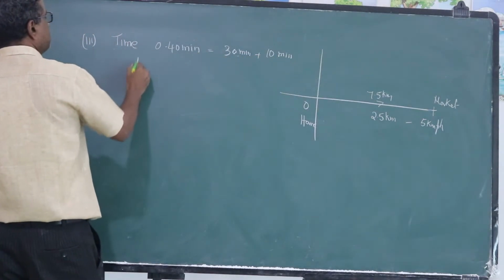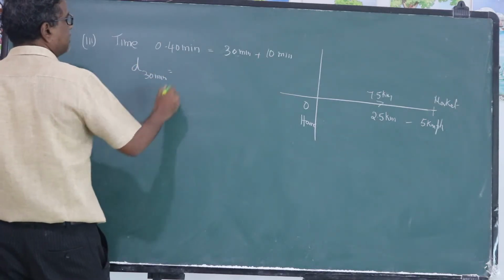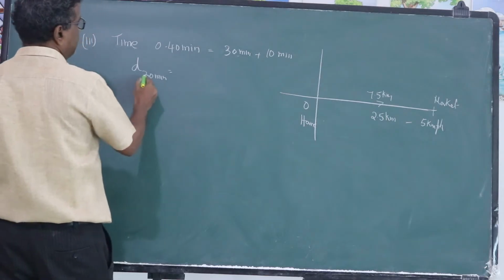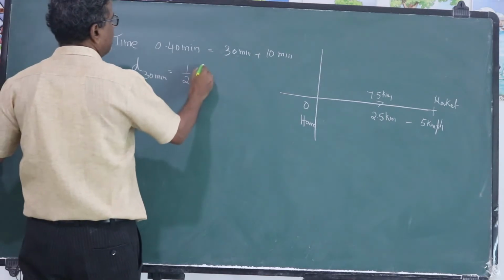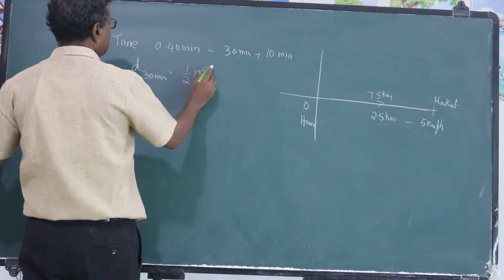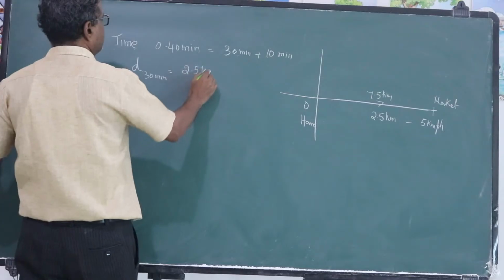So the distance traveled in 30 minutes is speed into time. 30 minutes is half an hour, into speed 5 kilometers per hour, that is 2.5 kilometers in the first half an hour.